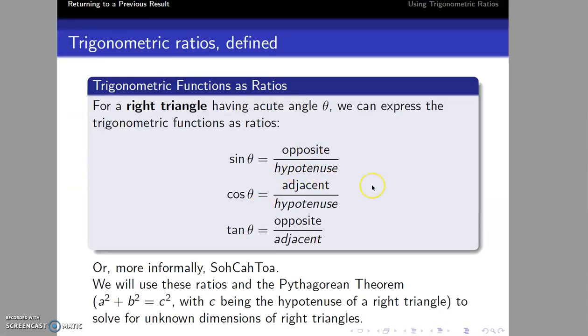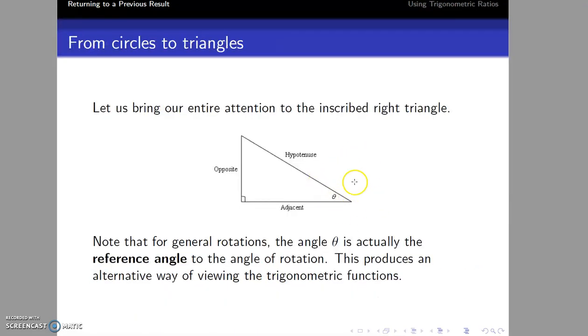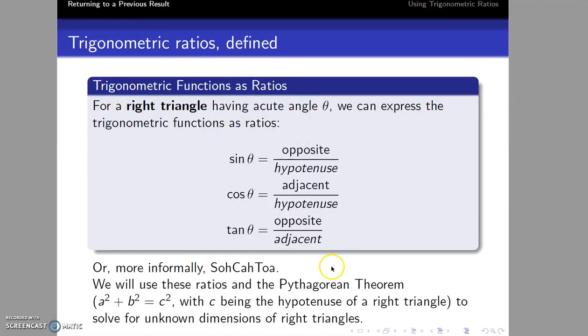So y over r, opposite over hypotenuse, sine theta for any triangle is opposite over hypotenuse. Also, adjacent over hypotenuse is cosine, and opposite over adjacent is tangent. All of those follow by looking at this being inscribed on the unit circle, or not just on the unit circle, but on any circle now. So these are what we're going to look at for the start of this unit.